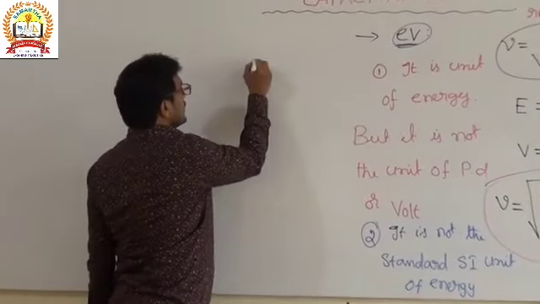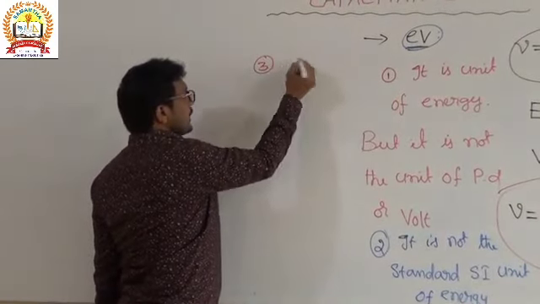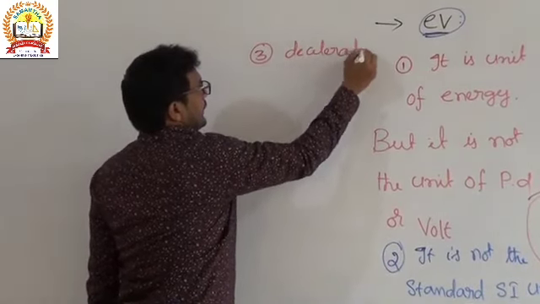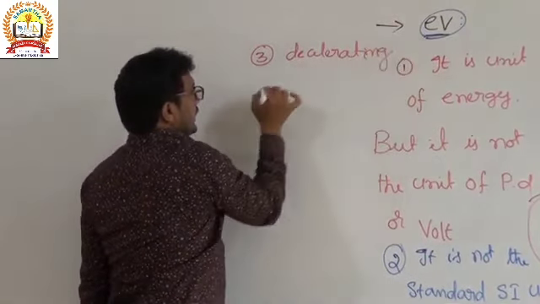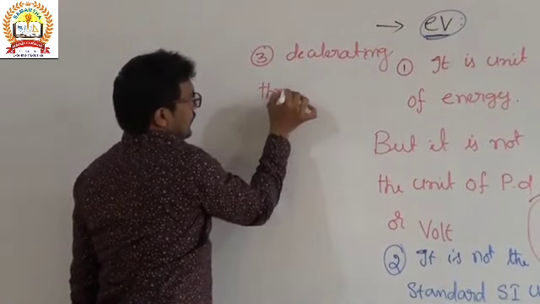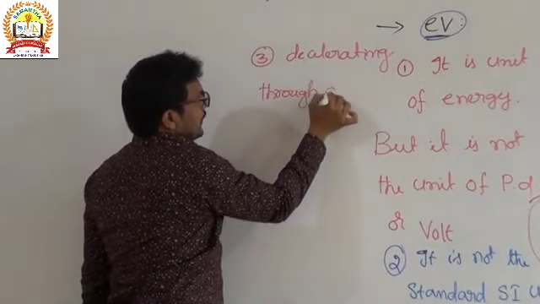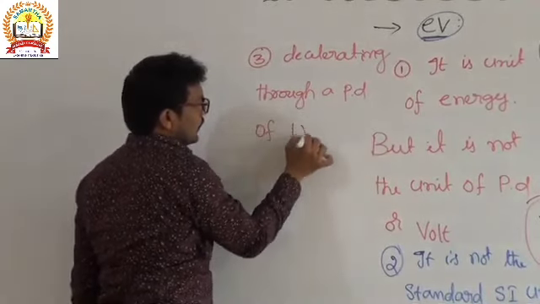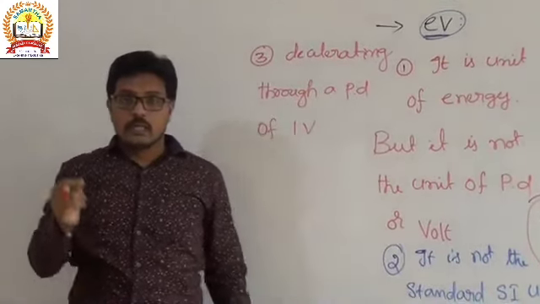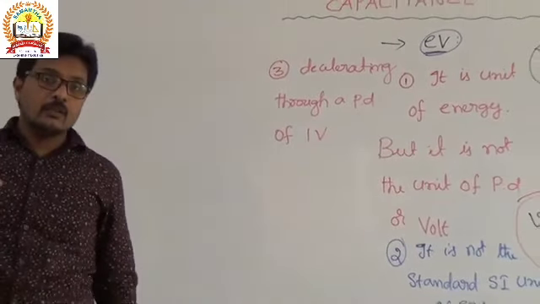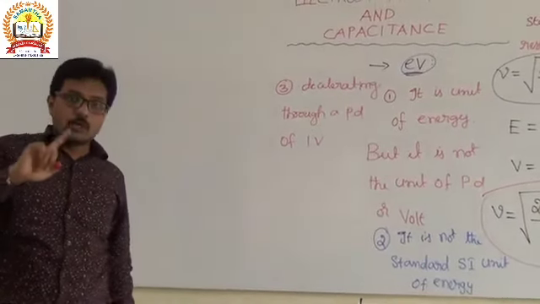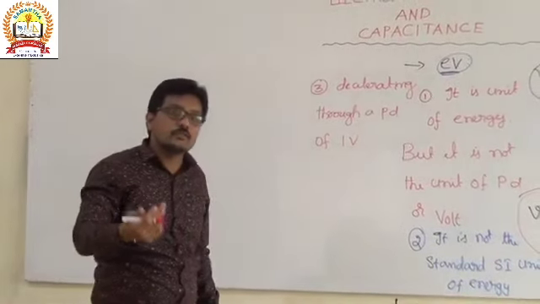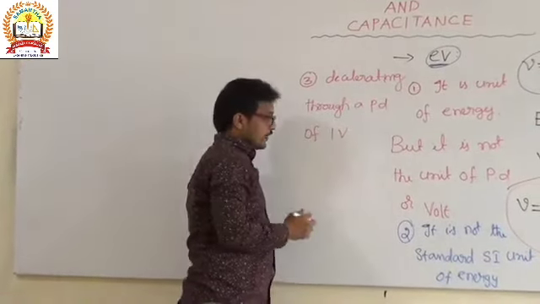Here the third point is that the electron is decelerating through a potential difference of 1 volt, then it loses energy. How much energy is lost? It is 1 electron volt.